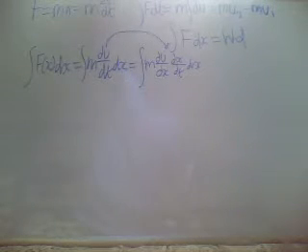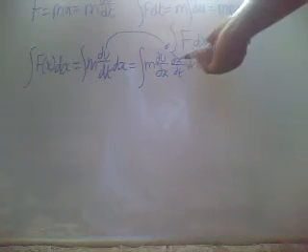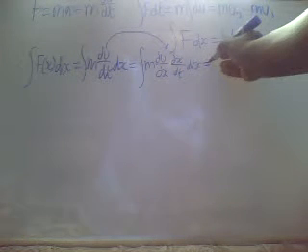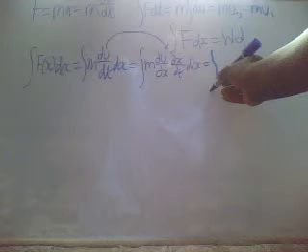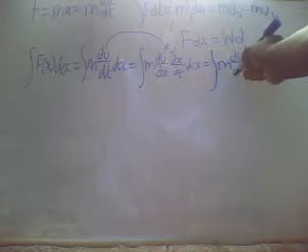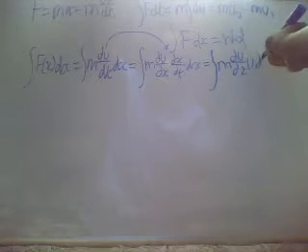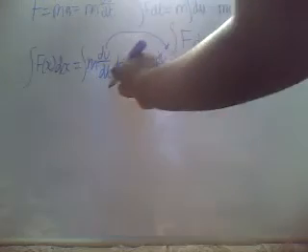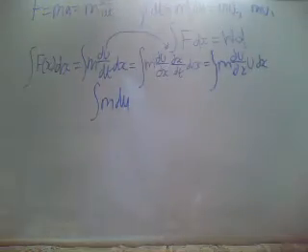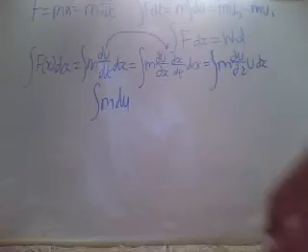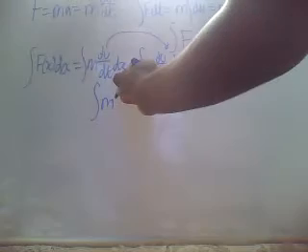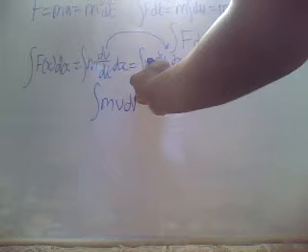Now, we obviously know that dx dt is equal to u. You obviously know that. You can't pretend you don't know that. So now we have du dx u dx. The dx's can cancel, so it now gives us m u du.